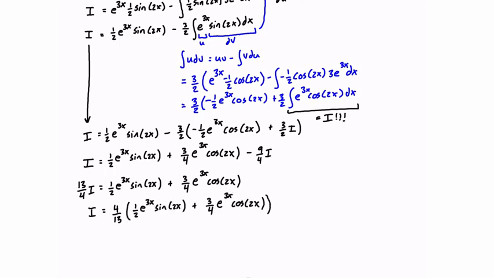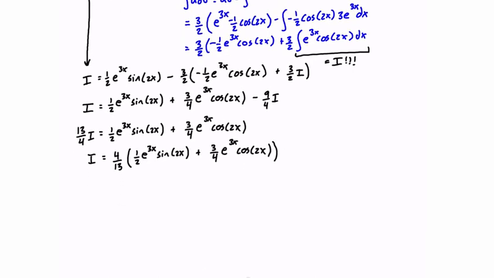Now there's just a few steps left until we get it in its most simple form, but we can pretty much just distribute that 4 into each term, I think, is the next step we should take. So we're just going to have 1 over 13, and we're going to distribute that 4 in, so that'll actually be 2e to the 3x sine of 2x, plus 4 over 4 is 1, so this will be 3e to the 3x times cos of 2x.